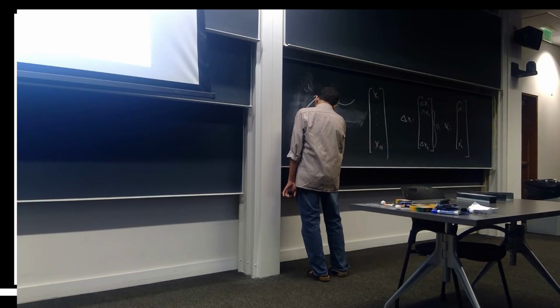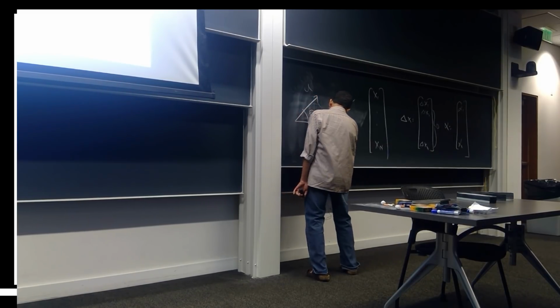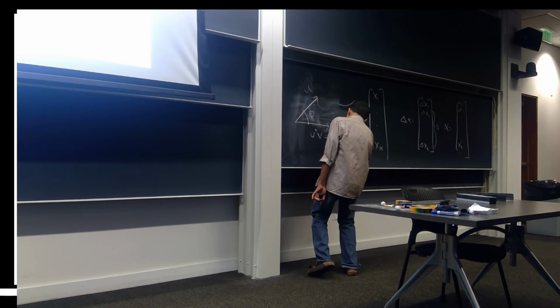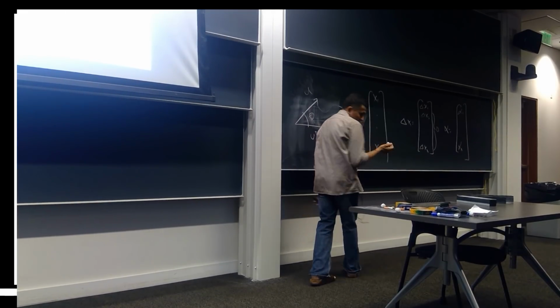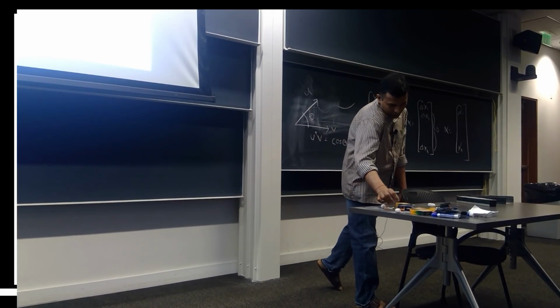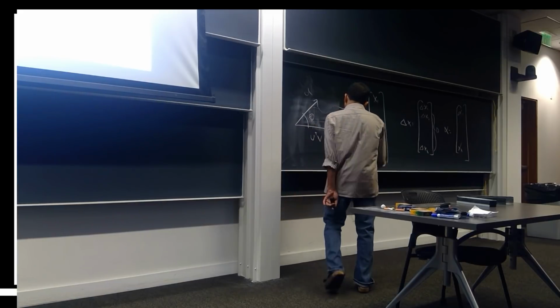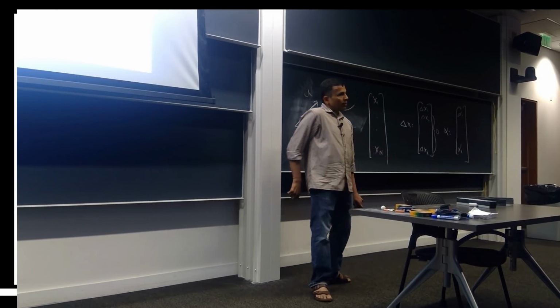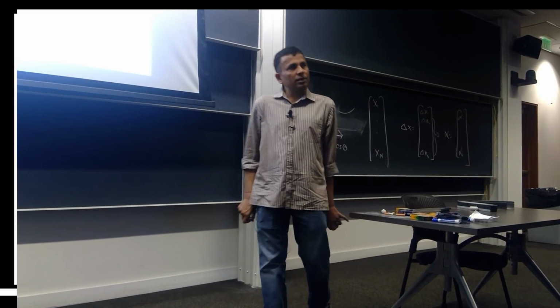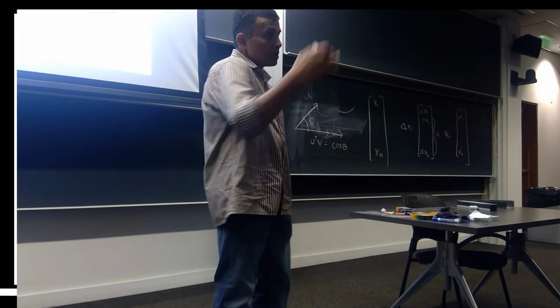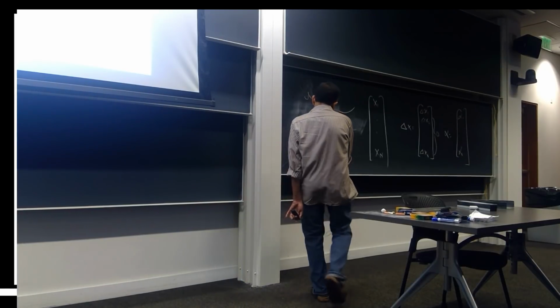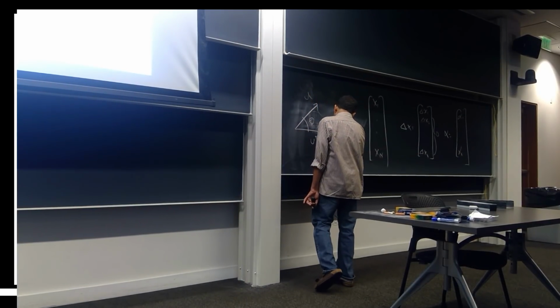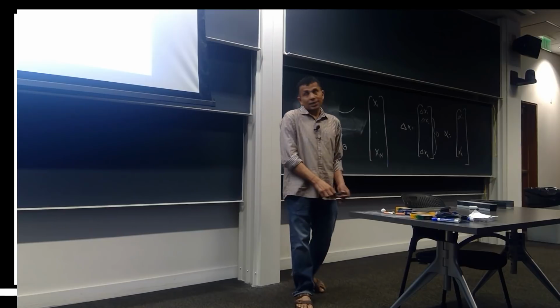So u transpose v equals cos theta. This chalk is really purple. Now, suppose v is not unit length. Then what is the inner product going to be? It's going to be the magnitude of v times cos theta, right?